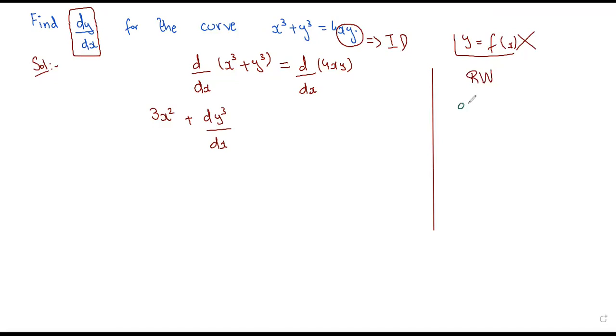So we have dy cube by dx. Now we have to use the chain rule. Do you know how to apply chain rule clearly? Yes. Very good. So we have dy cube by dy multiplied by dy by dx. The derivative of y cube with respect to y is 3y square. Excellent. Into dy by dx.